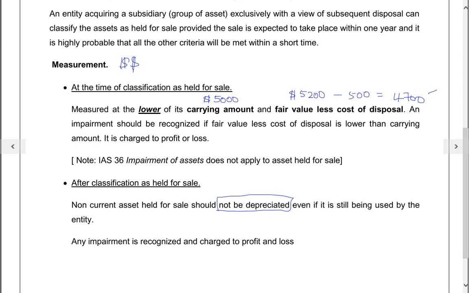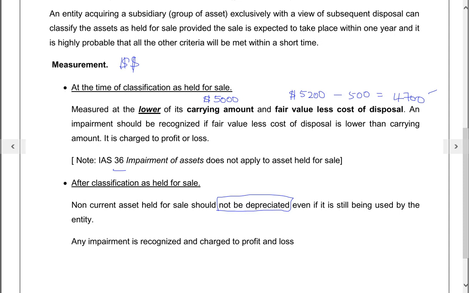Which one? This one, right? Then 5,000 and 47 is the asset impact? Yes, so impacted by 300, so the impairment should be recognized. But this impairment is different in concept from the other impairment. That one, we look at internal and external indicators, then compare the carrying amount with the recoverable amount, the higher of fair value less costs of disposal and value in use.